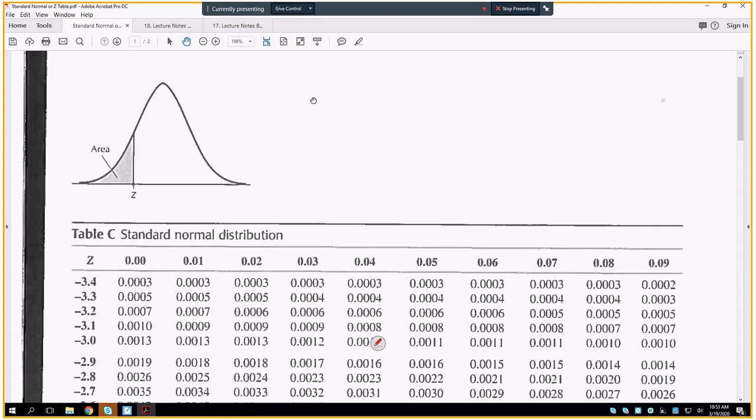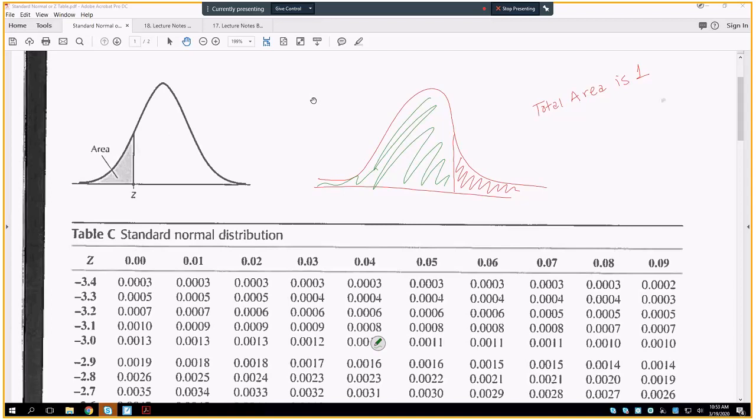Well, if we're looking for this area instead, say, we know from our last lecture that the total area under this curve is 1, corresponding to the probability of 1. So if we're looking for this area to the right, but the table only gives me the area to the left, I can use the table to find this area on the left and then subtract it from 1.